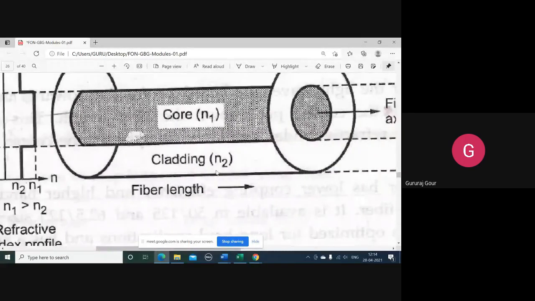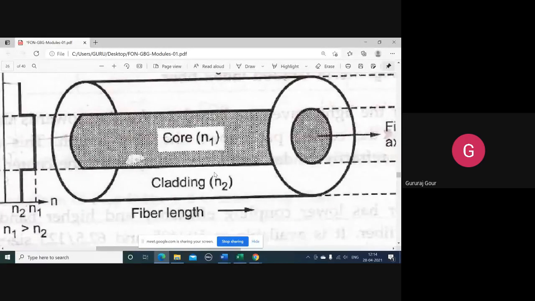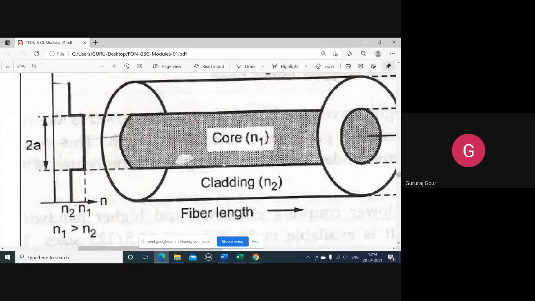Yeah, you can comfortably see now. So the core is there having refractive index N1, and outside, the cladding is there with refractive index N2.